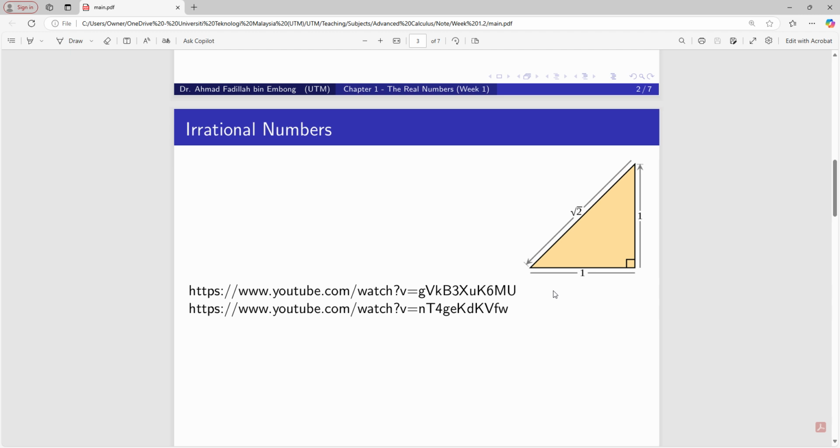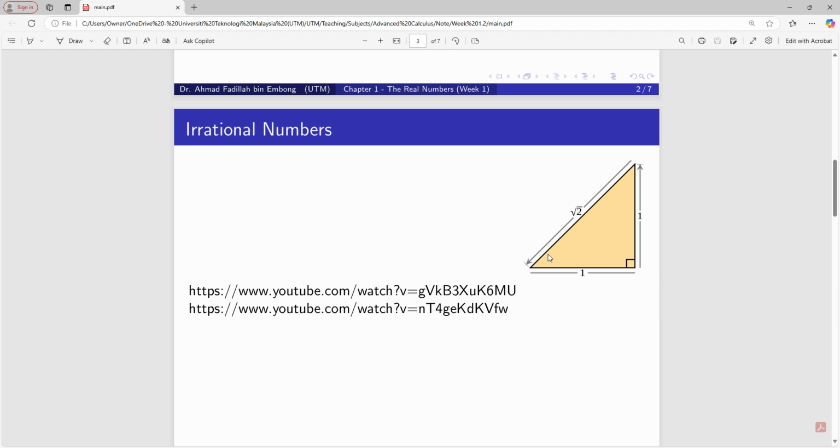Therefore, to get the value of this side, we need to find a number that, when we square it, is equal to 2. Of course, we can write the number as square root of 2, right? Because if we square it, it will become 2 again. So now we already have the notation square root of 2.